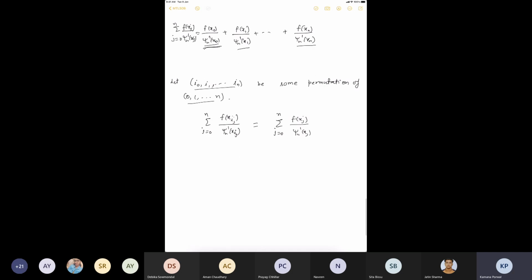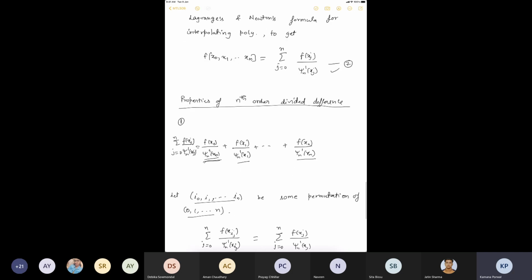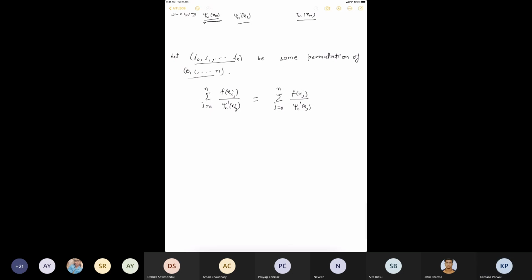Okay, what does that imply? If I look at it in terms of the divided differences, this says that the nth divided difference of f at x0, x1 up to xn is going to be the same as the nth order divided difference of f at x_i0, x_i1 up to x_in, where i0, i1 up to in is nothing but a new arrangement of the same indices 0 up to n.